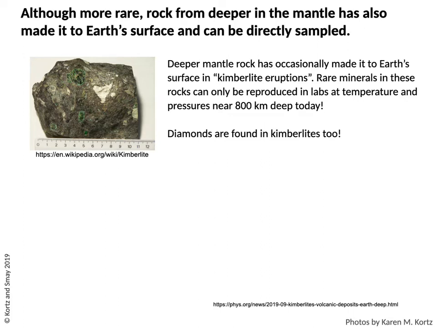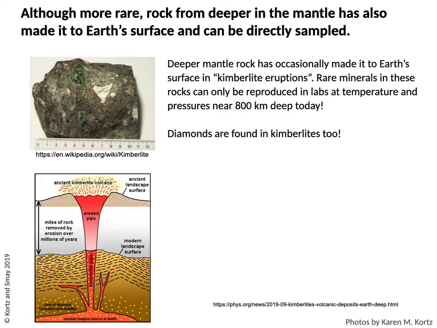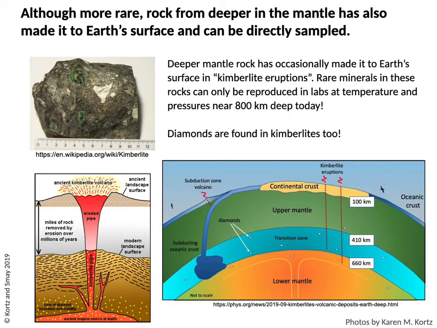Rare minerals in these rocks, we can do experiments, and people have done these in labs using that cool thing called the diamond anvil press that I mentioned in a previous video, and I'll show you another image later on today, where basically we can make the same minerals, but it takes really extreme temperature and pressure conditions, especially pressures. The other cool thing is this is the rock that hosts diamonds, and so you can imagine it's of great economic interest to know where they are. So kimberlites that contain diamonds are pretty well known in different regions in the world.